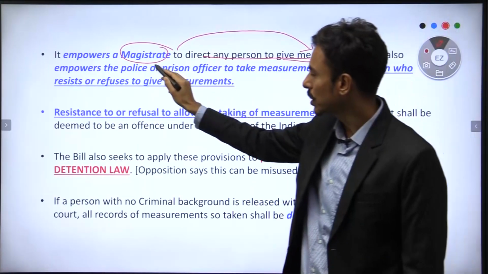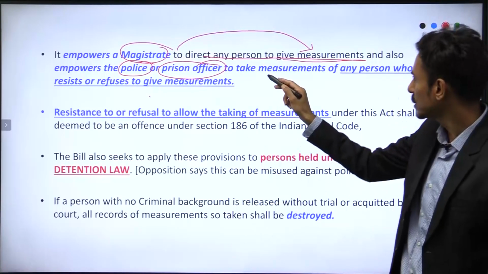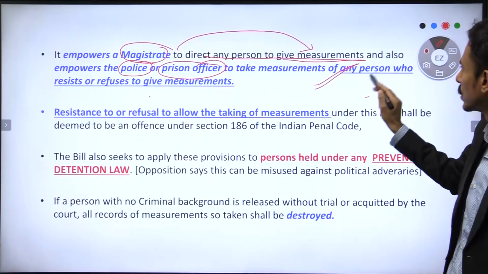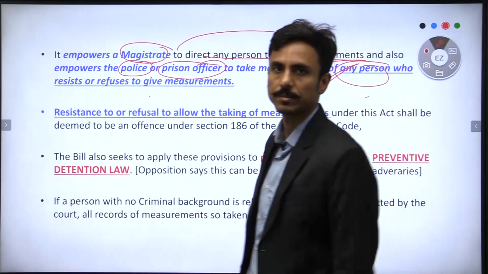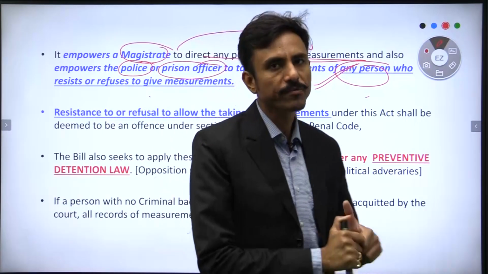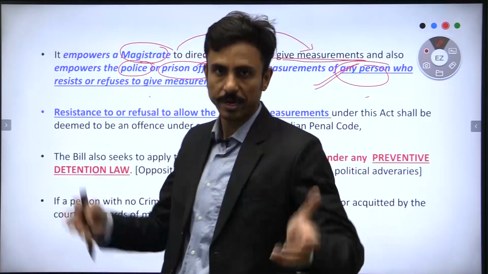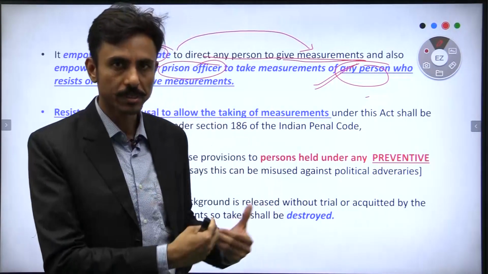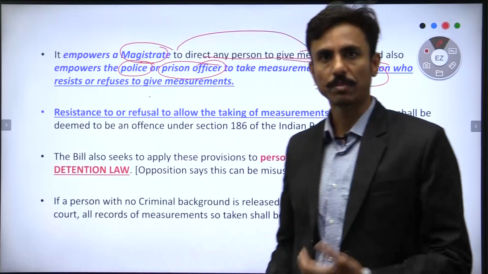Plus it would also empower the police and the prison officer to take the measurements of any person who resists or refuses to give measurements. That means if you are resisting or refusing to give the measurements, and by measurements I mean the samples like the iris and retina scan or the biological samples.